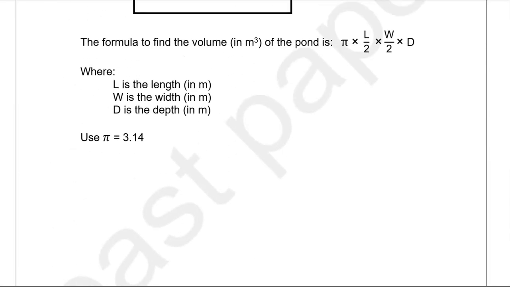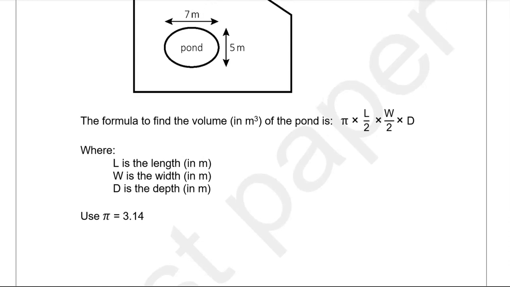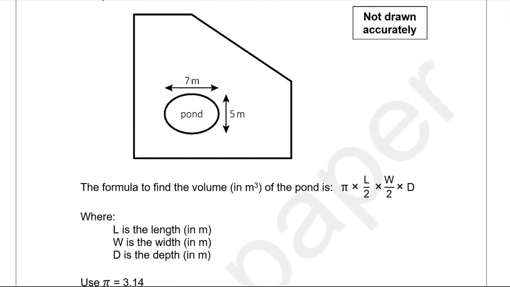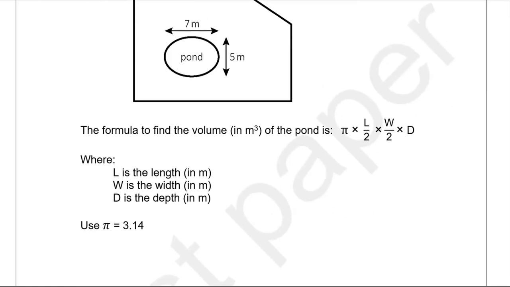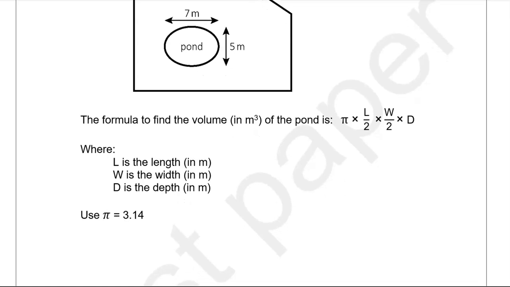So let's just work out the volume. So let's replace the values. We go pi is 3.14 times length is equal to 7. 7 divided by 2 gives us 3.5.